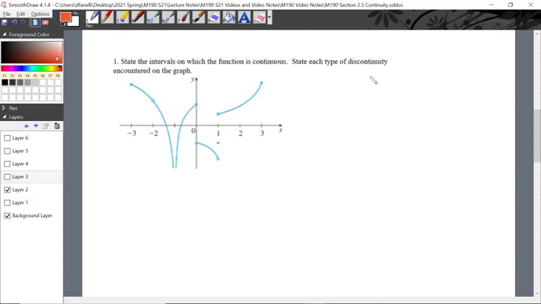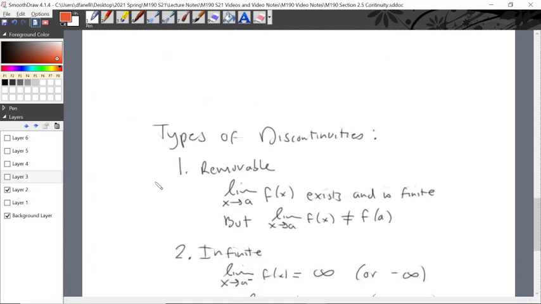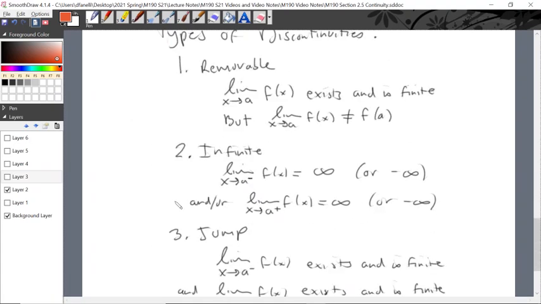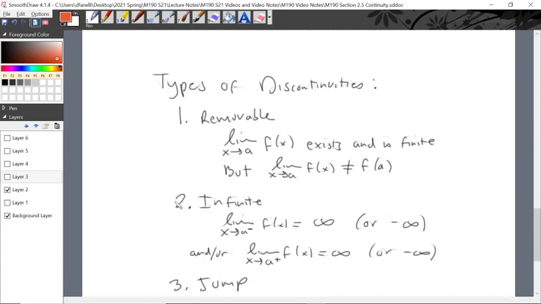Recall that we've talked about discontinuities in this course, 3 types of discontinuities. I've restated them down here: removable, infinite, and jump discontinuities. The removable type is graphically represented as a hole on the graph.